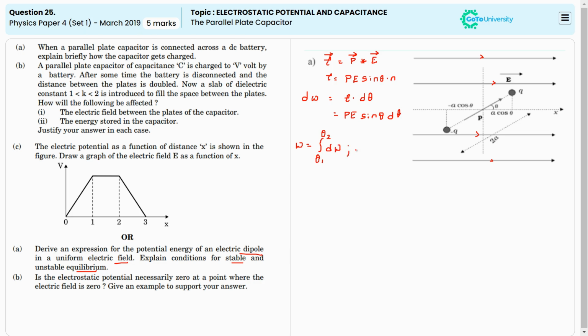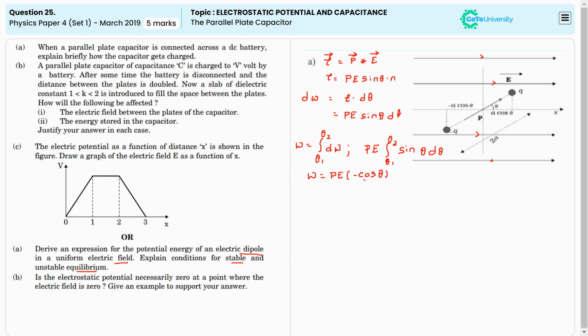Then we get PE, taking it as a constant, into the integration from theta 1 to theta 2 of sin theta d theta. Then W is equal to PE times minus cos theta.